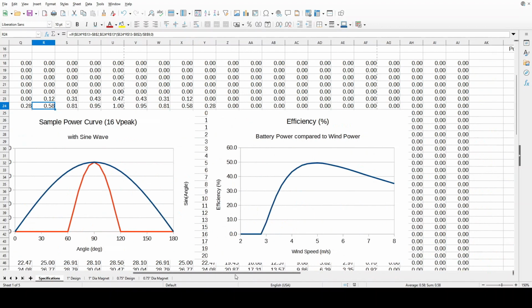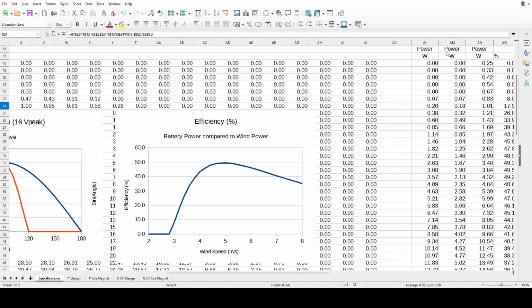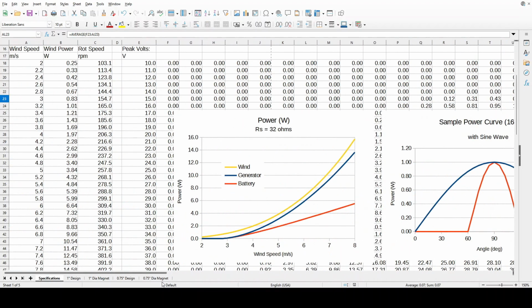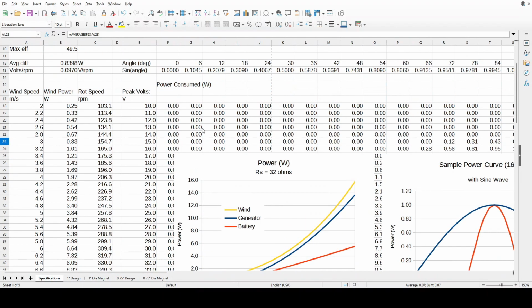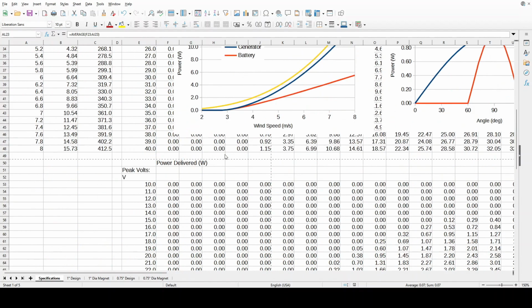And then at the very end here, I take the average of all those points for that half cycle, and I calculate a power that the generator is producing. Okay, so that's the power being consumed from the turbine. We can also do the same thing for power delivered to the battery.